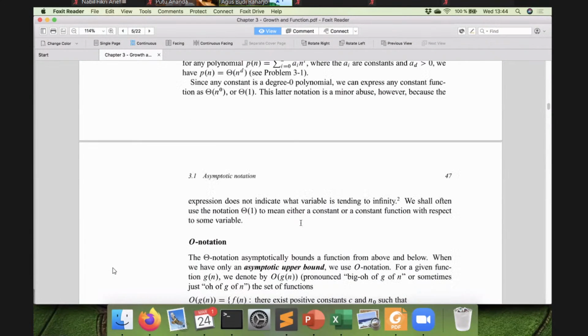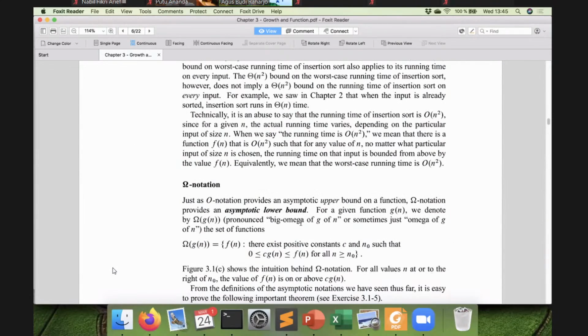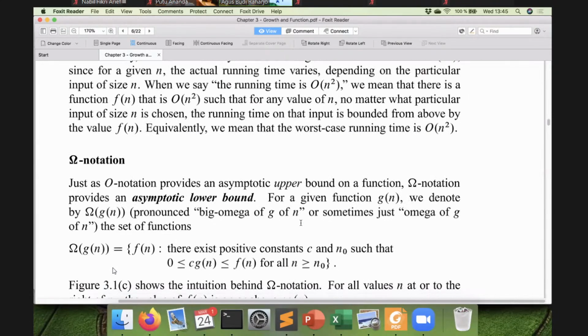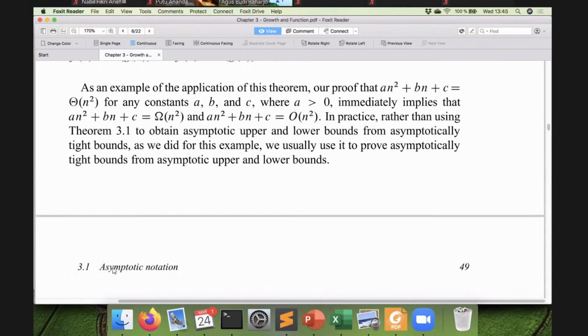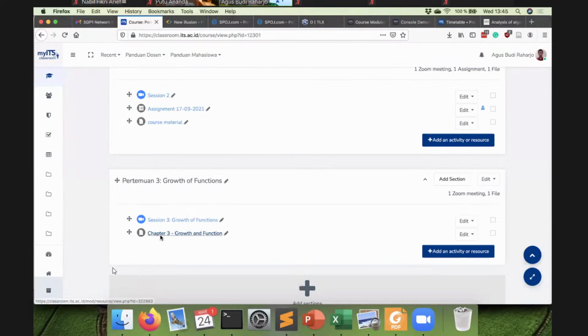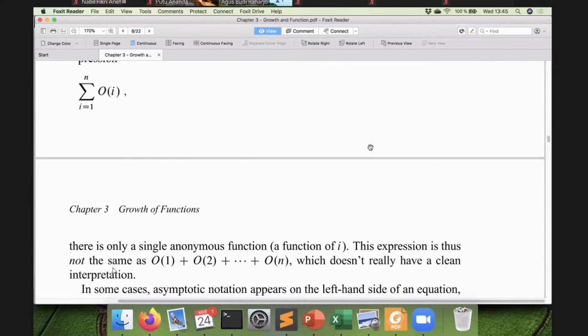Okay, so we jump to the book. Maybe you can open it also. This one I already provided, growth and function, and we'll continue to asymptotic notation.